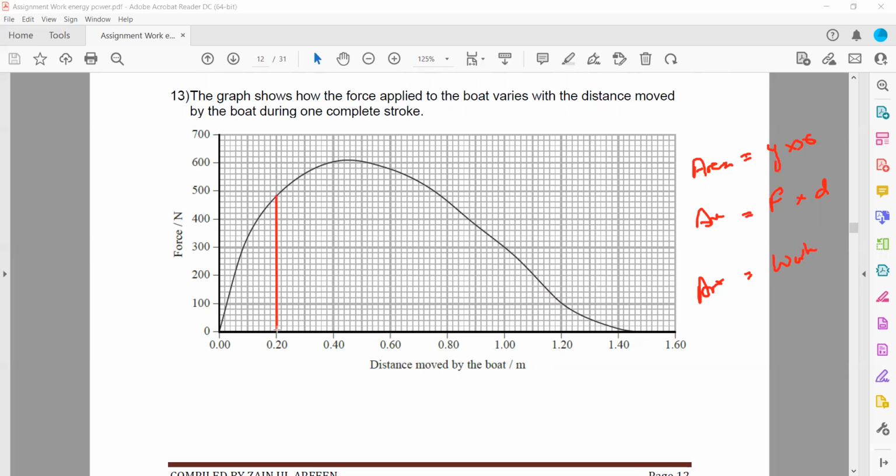So first draw equally spaced vertical lines, then equally spaced horizontal lines. First we will count the complete boxes.